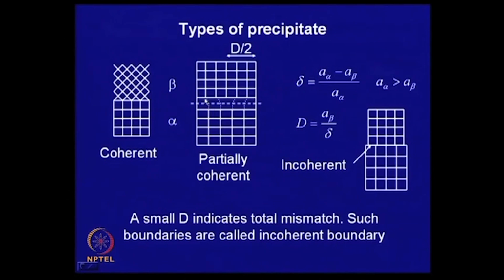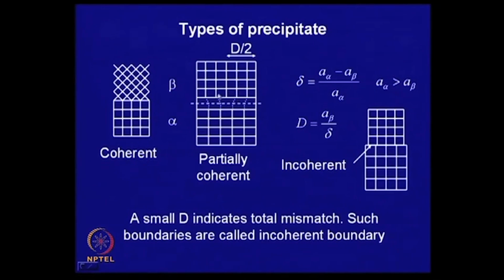So, they are a little distorted. This is the lattice, that line which is shown, that lattice strain, and here you can imagine there is an extra plane of atoms, which represents a dislocation. That means the interface between these two phases is made up of a number of edge dislocations.